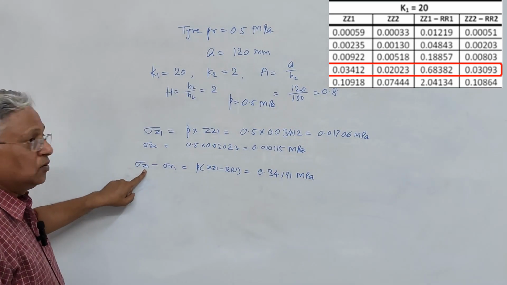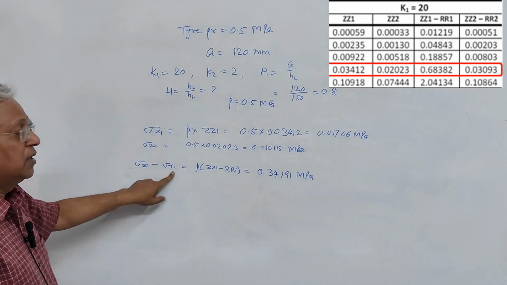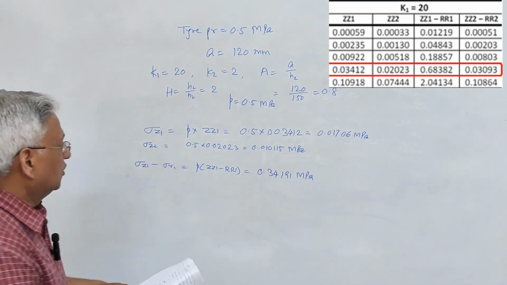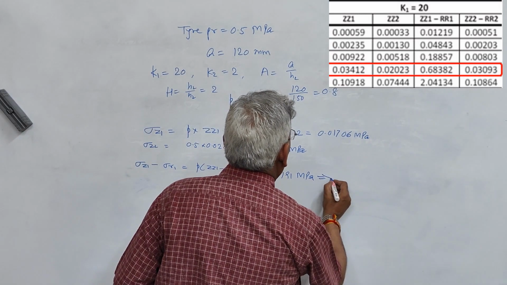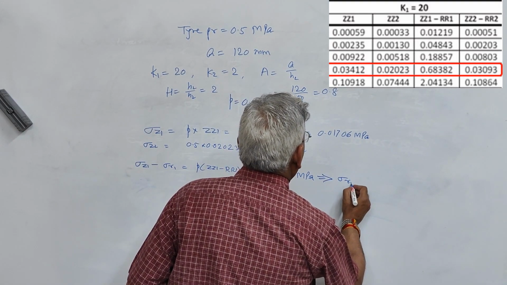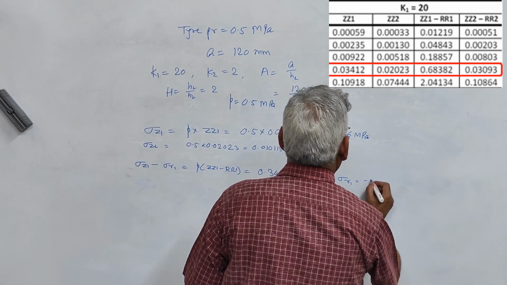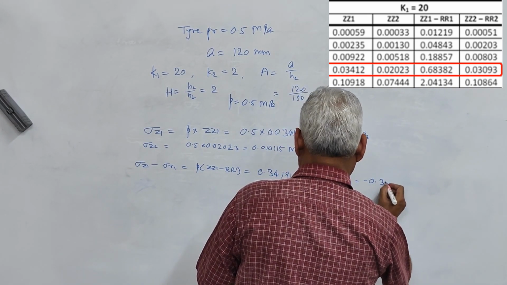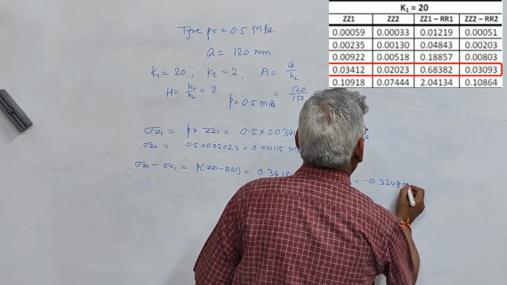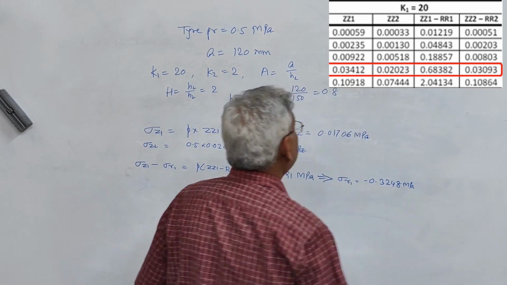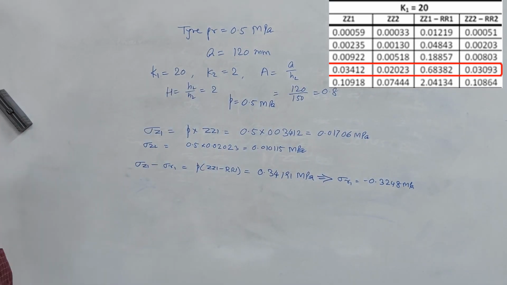Now you know sigma Z1 here, so we can calculate what is sigma R1. So in this equation, if you put the value of sigma Z1, you can find out that it will be minus 0.3248 MPa. Now the minus sign here indicates that it is tensile stress.